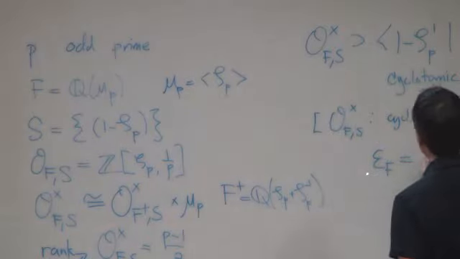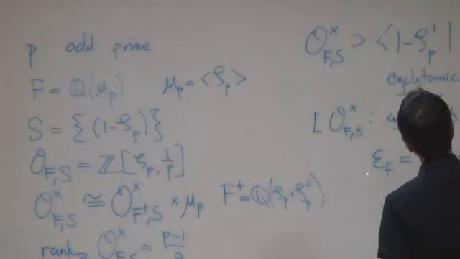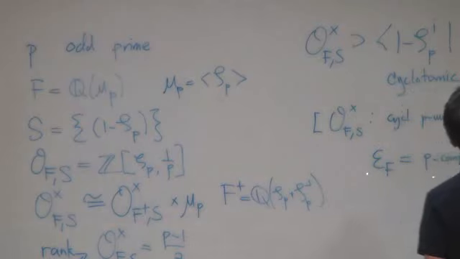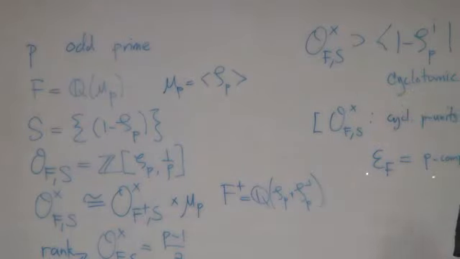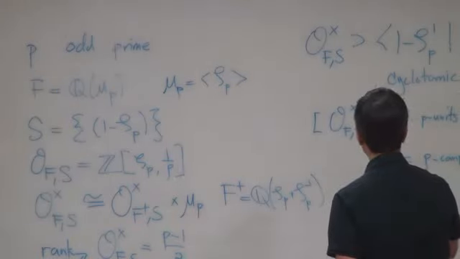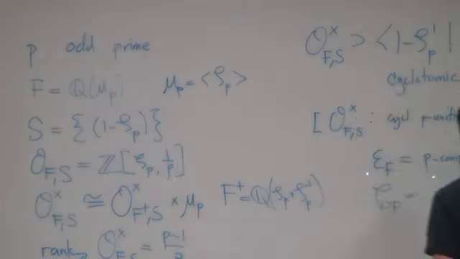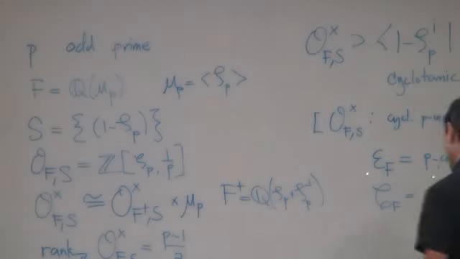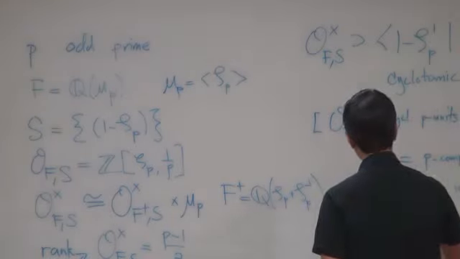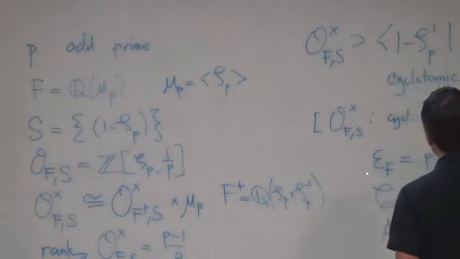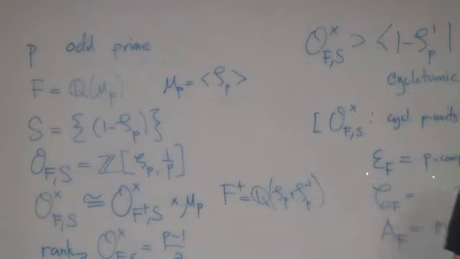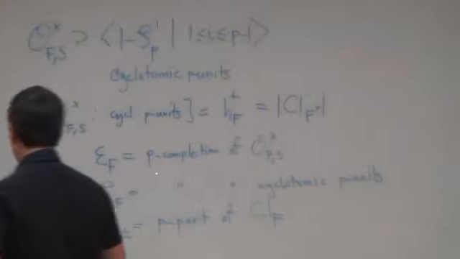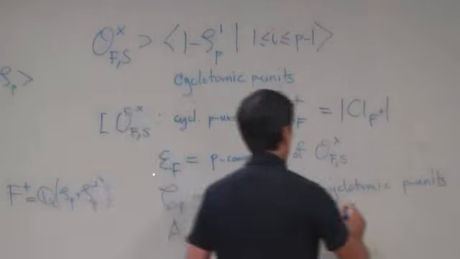So E_F will be the p-completion of O_{F,S}^x. C_F will be the p-completion of the cyclotomic p-units. And A_F will be the p-part of the class group of F, so the elements of p-power order.